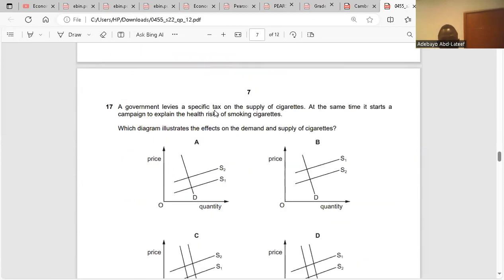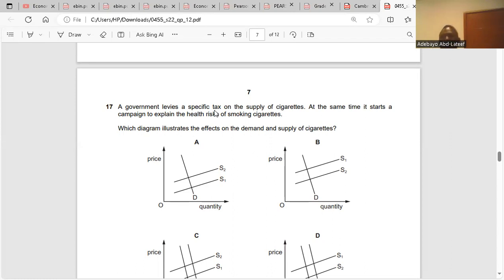Question 17. A government levies a specific tax on the supply of cigarettes. At the same time, it starts a campaign to explain the health risk of smoking cigarettes. Did you get it? Okay, great. A campaign is just like an advertisement.